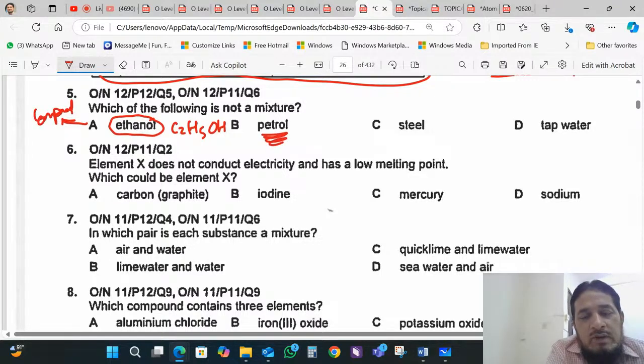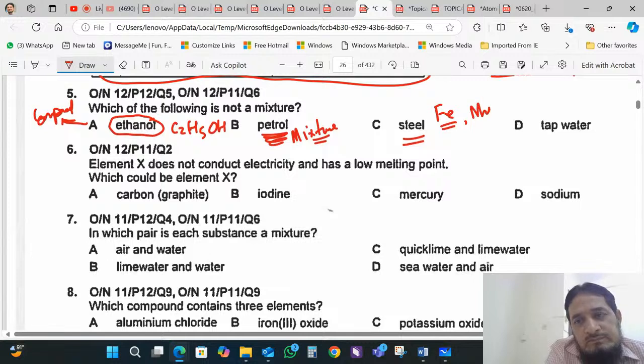Then the petrol. Many students are going to take that, but this is actually a mixture. Then steel is a mixture of iron, manganese and chromium. So this is also a mixture.